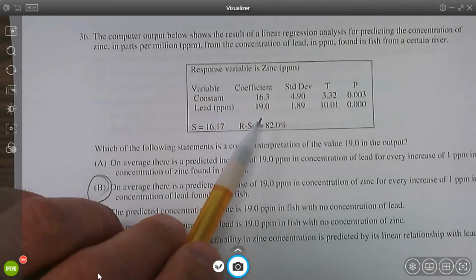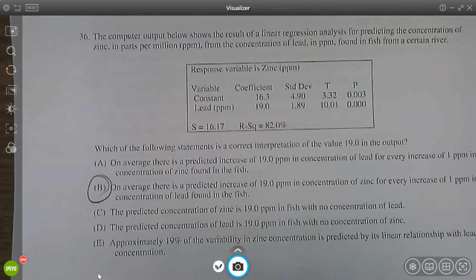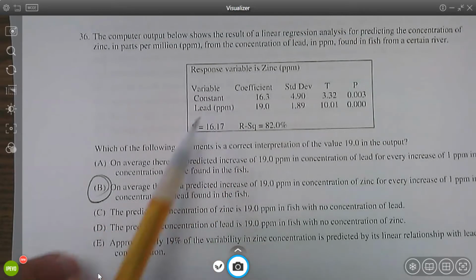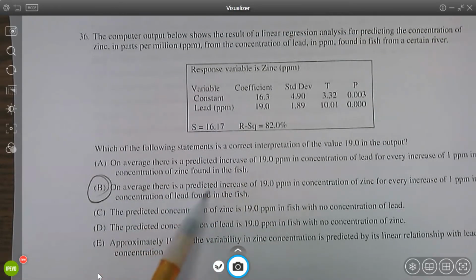36, they're asking you to interpret the slope. So pretty much for every 1 unit increase in the concentration, there's a predicted 19 unit increase in lead. They didn't use the word predicted. Oh, they did, I'm sorry.